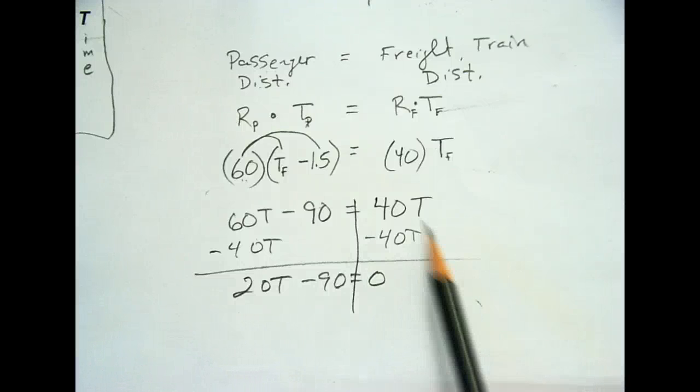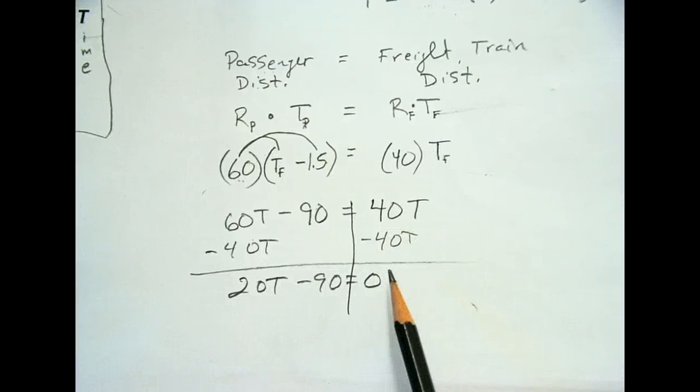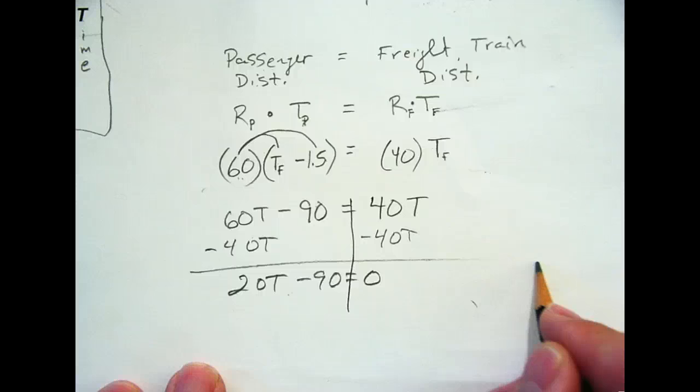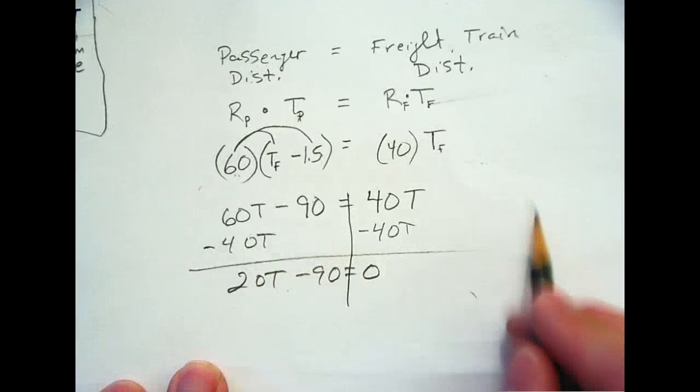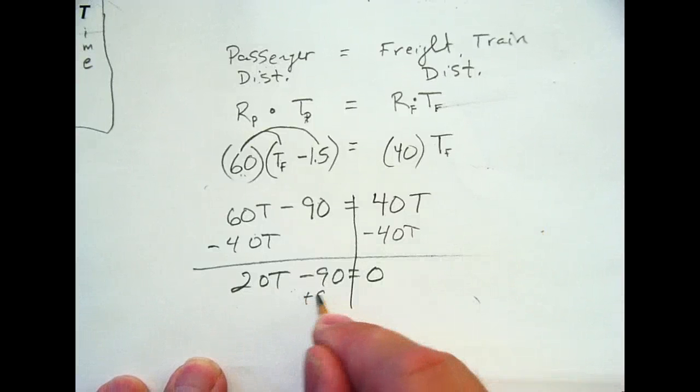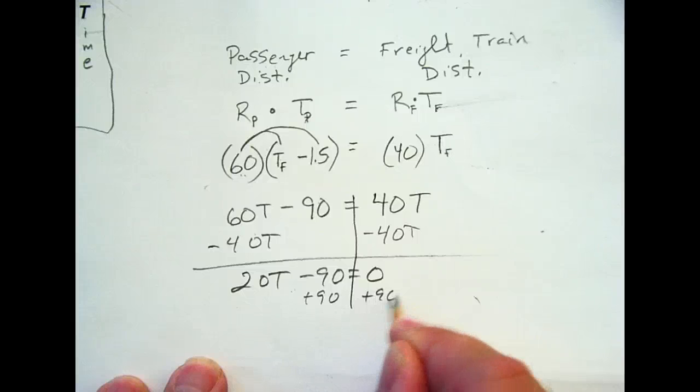I just moved everything away from this side, which means what's my next step? Yeah, I better move my 90 back over. Did anyone just move the 60 over instead? It probably would have been the wiser choice on my part, but I'm just trying to show some of the mistakes that I see.